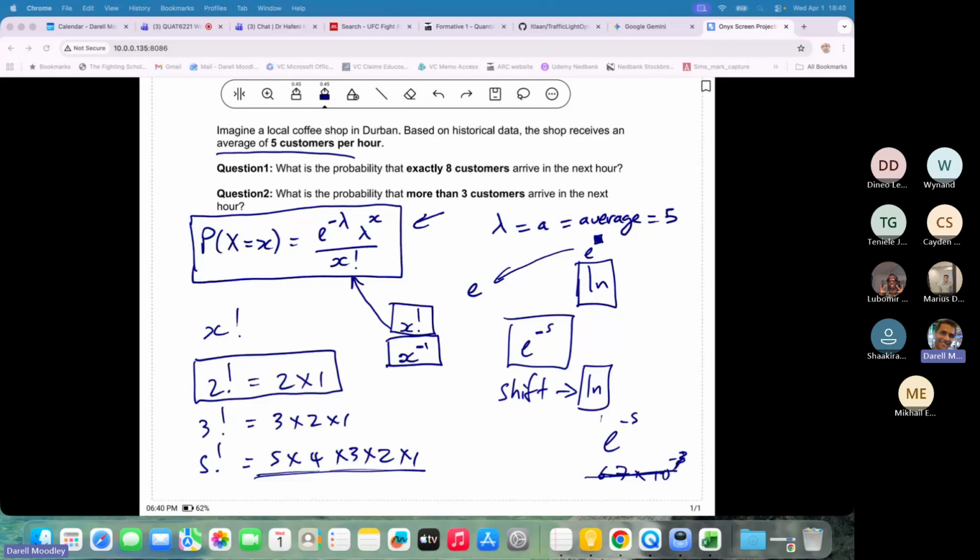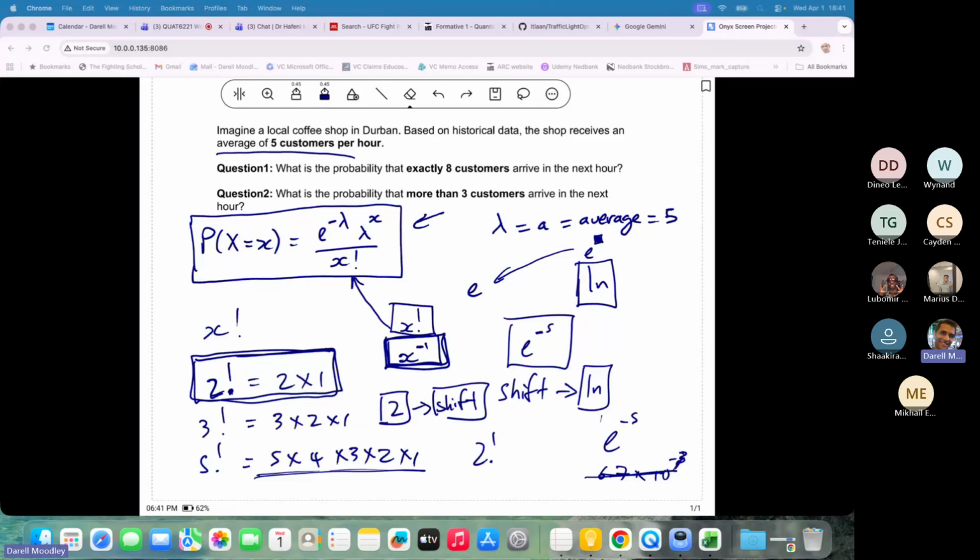So all I need to do is type 2, then press shift, and then press that x to the -1 button. You'll see it will give you 2 factorial on the display. And you just hit equals, and then you'll get the same thing here. All right, so that's how you get the denominator. So that's how we use this equation.